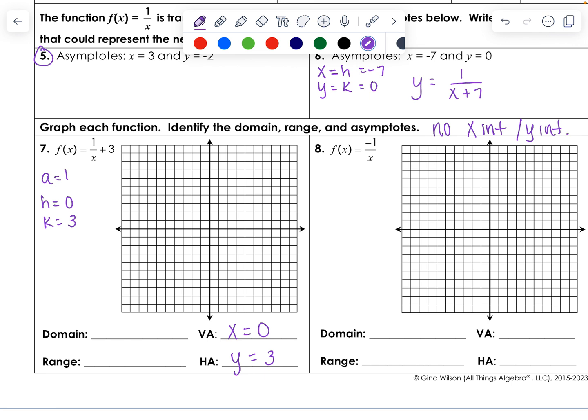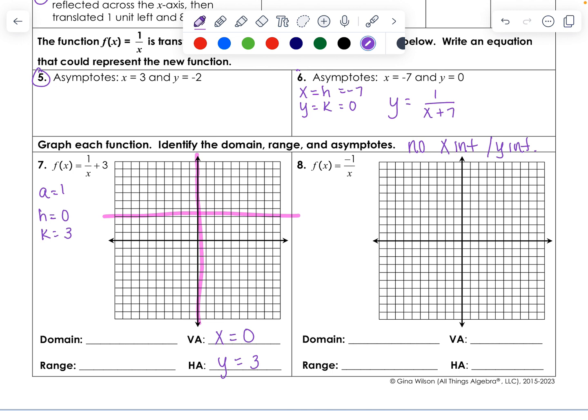So take your highlighter, and x equals 0 is here, and y equals 3 would be up 3, 1, 2, 3. And so my domain, ooh, not with a highlighter, I always do that.